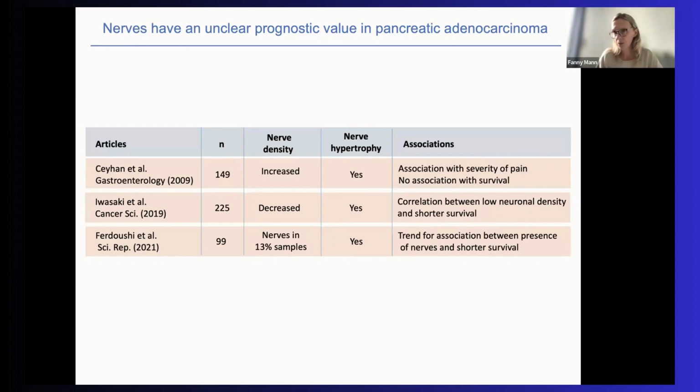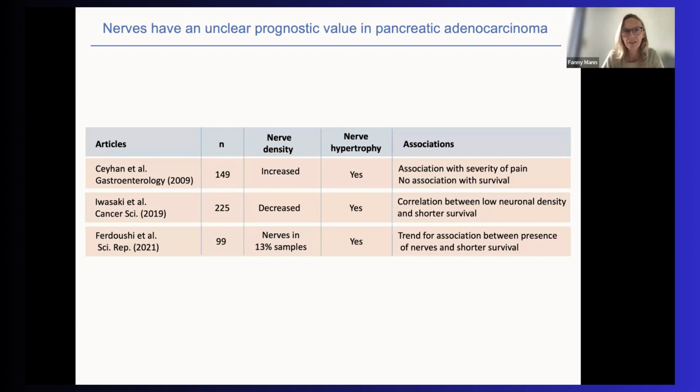This has been shown both in human samples and in animal models. However, from a clinical point of view, the significance of the presence of these nerves and their prognostic value is still debated. But it seems that the presence of nerves is usually associated with advanced malignancy.